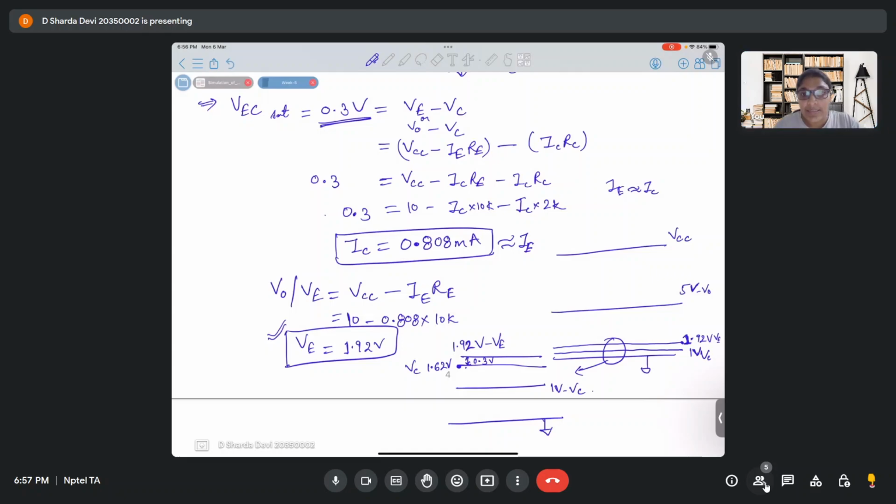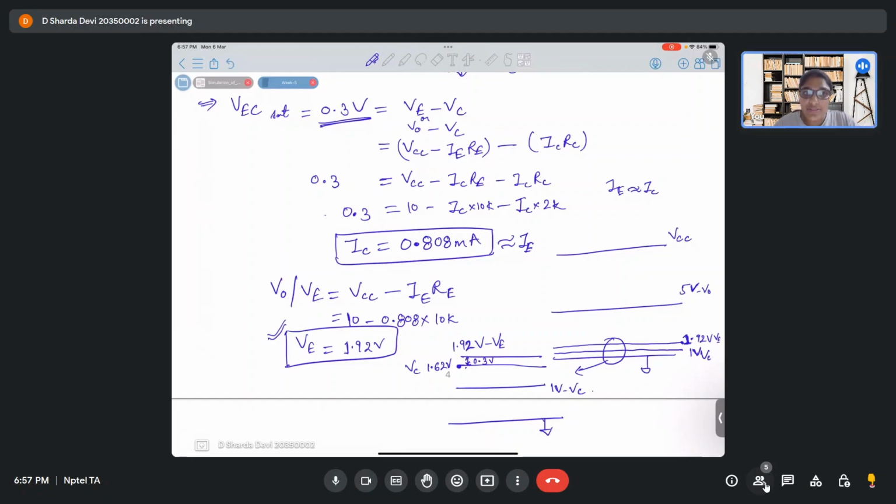Do you understand? Minimum voltage. Yes, minimum voltage, so that your transistor remains in active region, right? So if your transistor is still in active region, that means it will also follow that VEC sat condition again, right?